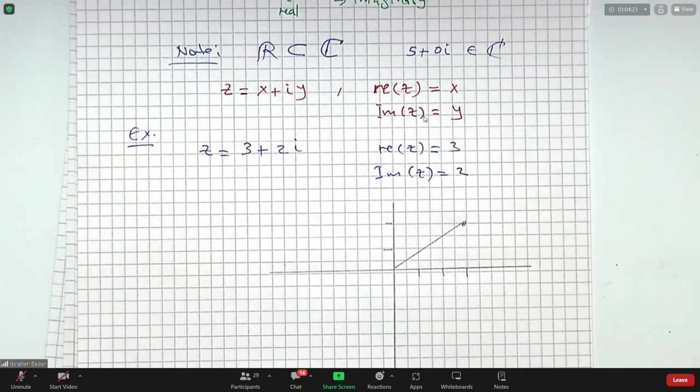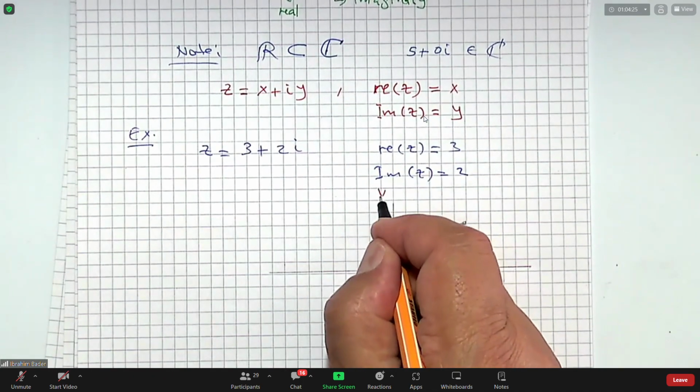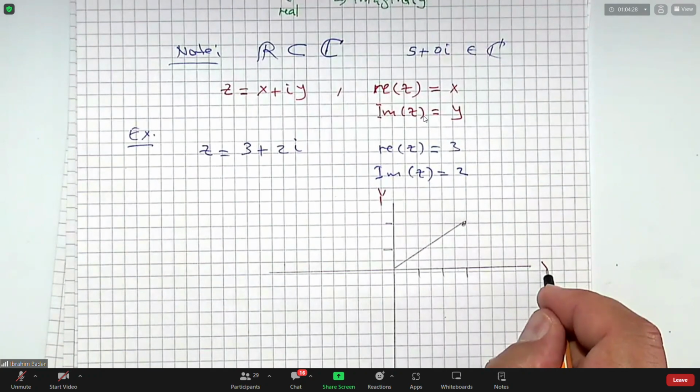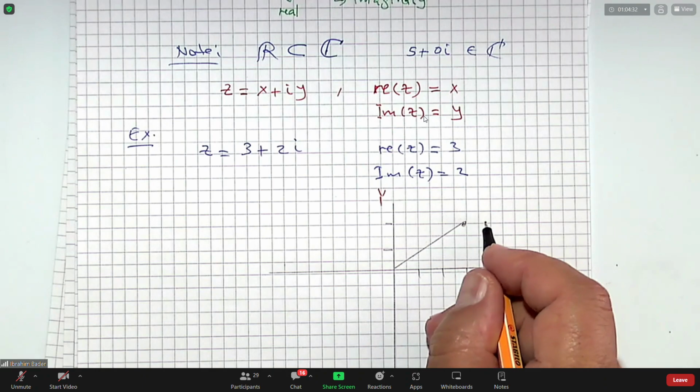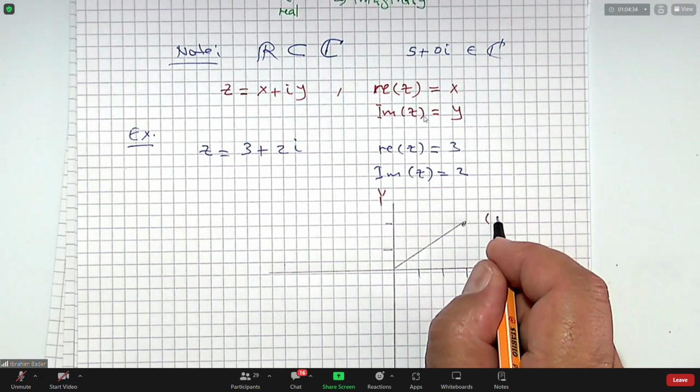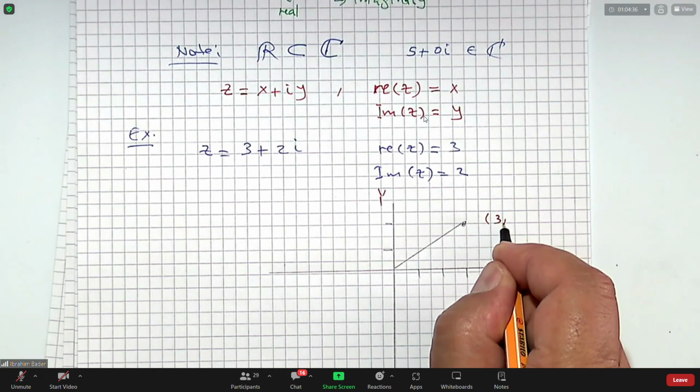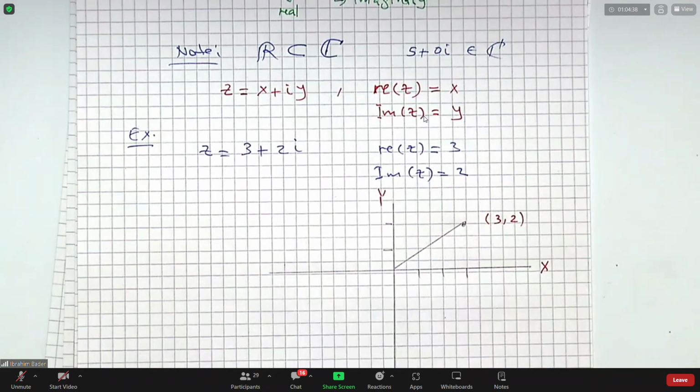So if I agree that y here represents the imaginary number, you see there is a parallel to vectors here. I just say this is 3 and 2. Okay, so there is a parallel here to a vector.